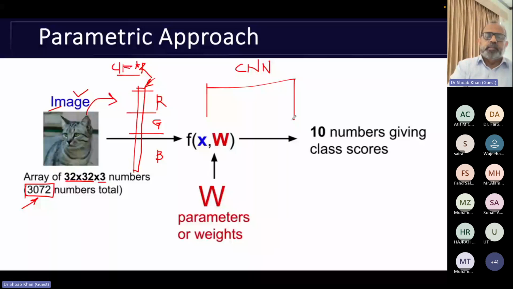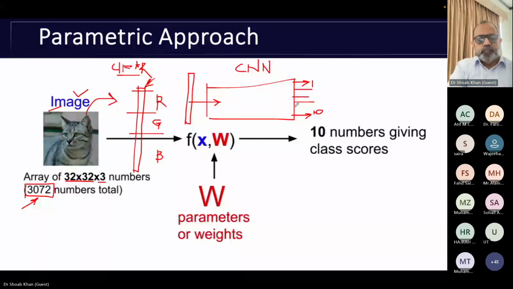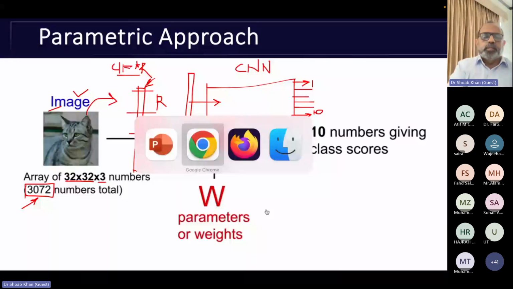You input a one-dimensional vector into something here, which should just give us 10 outputs, 1, 2, 3, 4, 5, 6, 7, 8, 9, and 10. So you want this to happen.